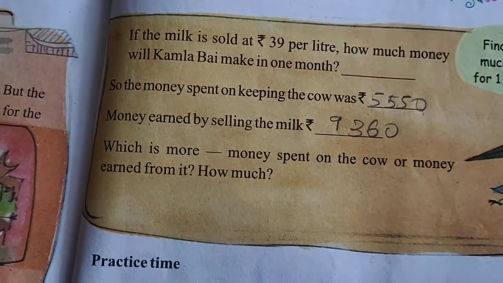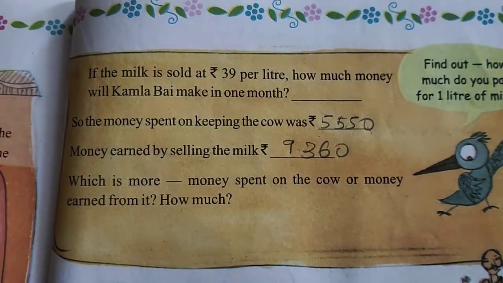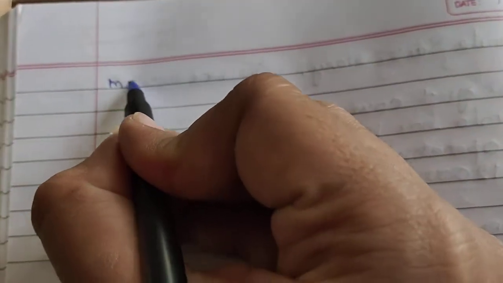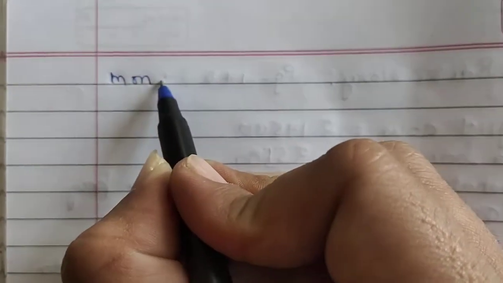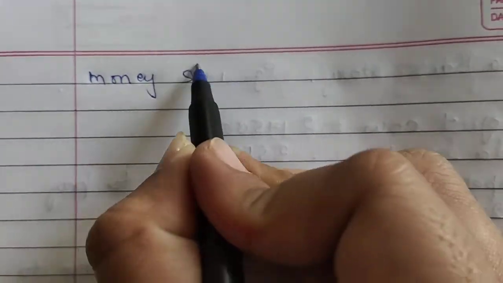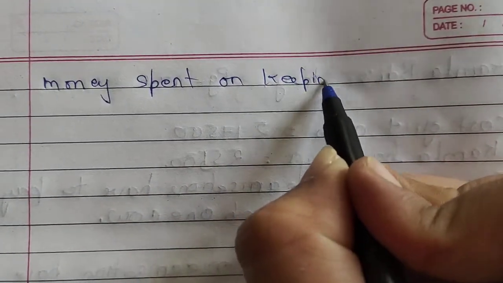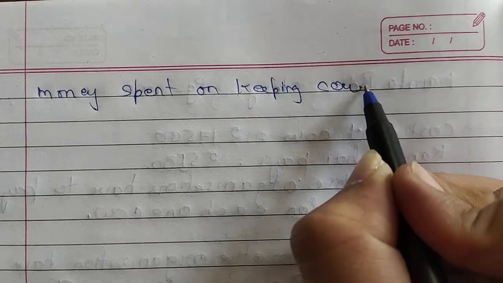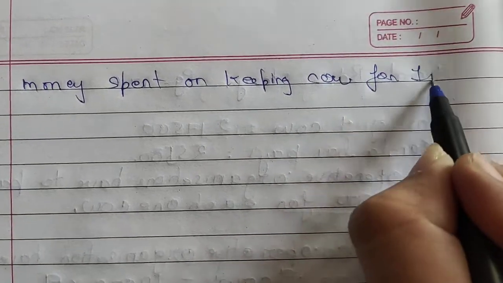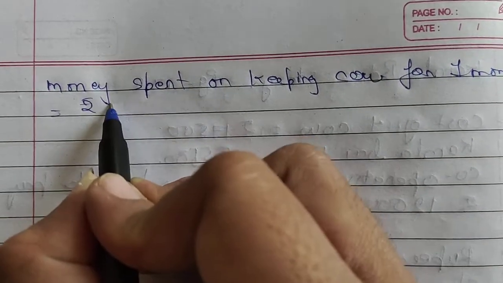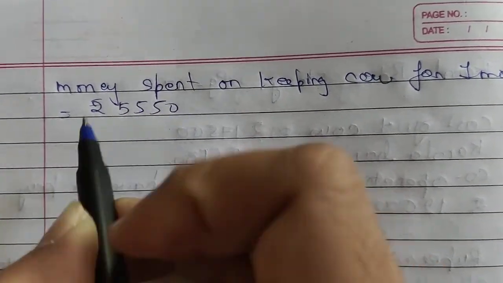How much more? Now we are supposed to find that. So we will write down: money spent on keeping the cow for 1 month is equal to rupees 5,550.